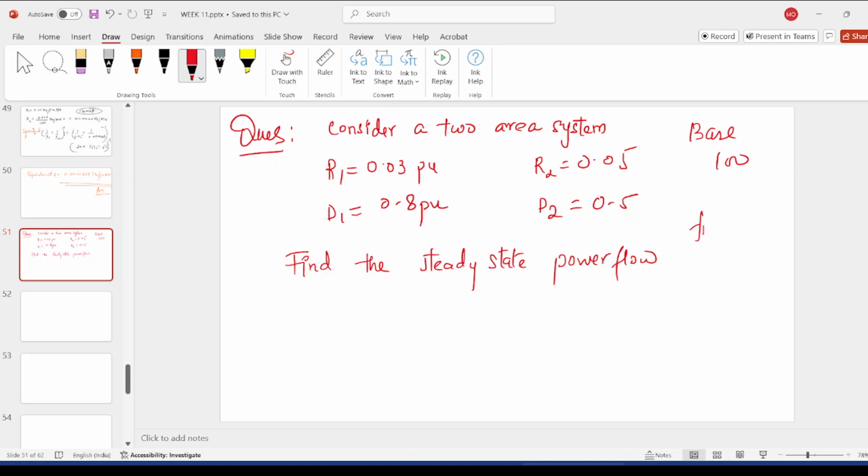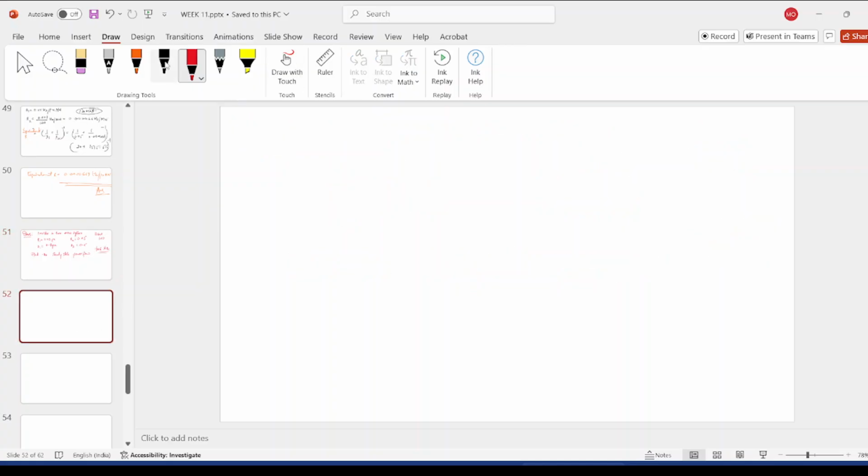And the nominal frequency is 50 Hz. So the solution here is, basically in that question we calculated the frequency deviation. Now we have to calculate the steady state tie line power.